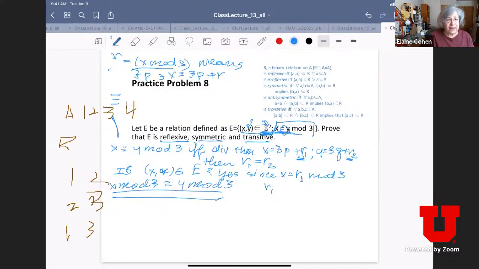This is like our logic, the truth table for if P then Q: if P is false, then the statement is true.